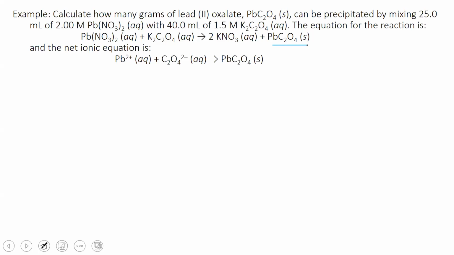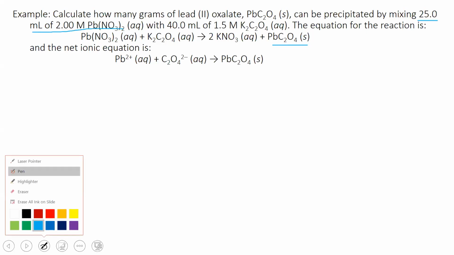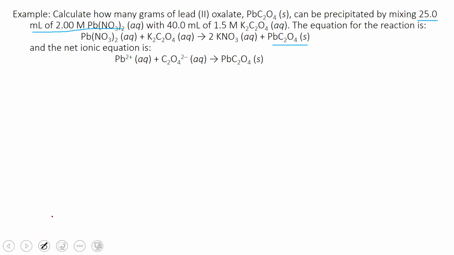So you can use this reaction and the understanding that you have a certain amount: 25 milliliters of lead nitrate with that 2 molar concentration, and 40 milliliters of 1.5 molar potassium oxalate. So in this reaction, you have moles of each of them.